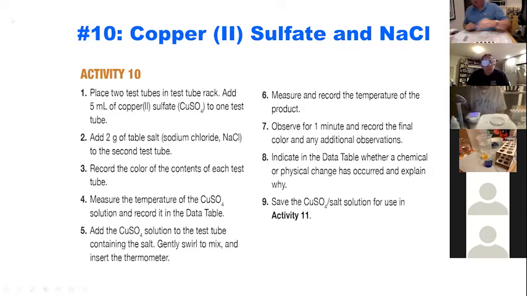All right, so I'm going to get my 2 tubes. So 5 mils copper sulfate. Copper sulfate is this bright blue. So why does it have copper 2 sulfate? What does that mean?